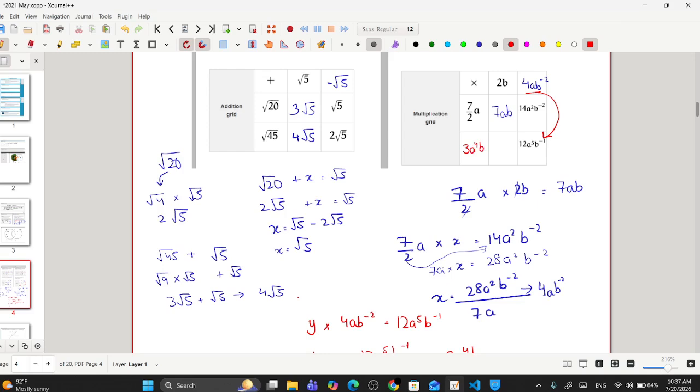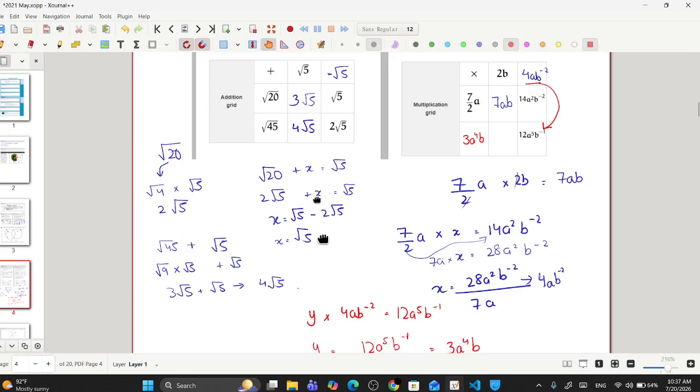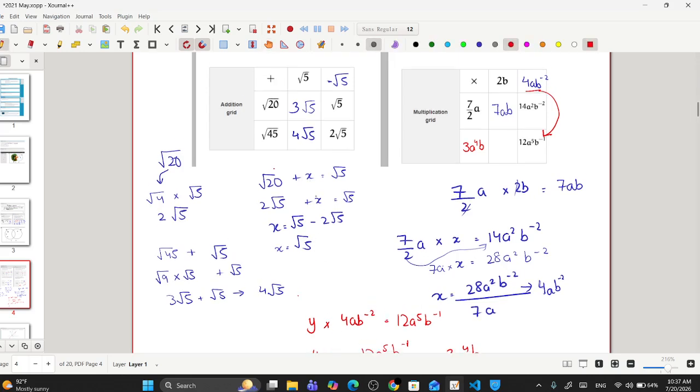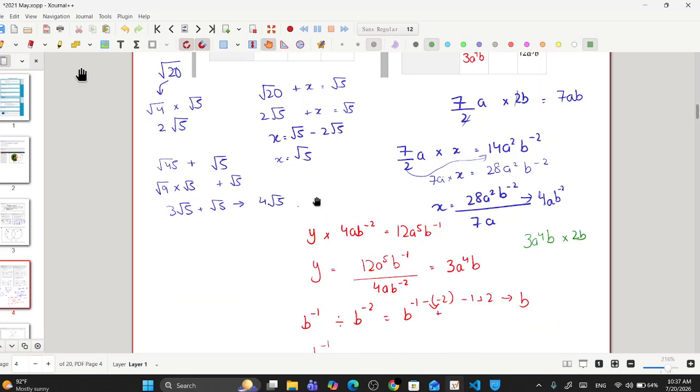And then 3a raised to the power of 4b multiplies by 2b to find the value of, let's say, whatever it is. Let's not worry about what value it is. Let's solve it. 3a raised to the power of 4b multiplied by 2b. 3 times 2 gives us the value of positive 6.